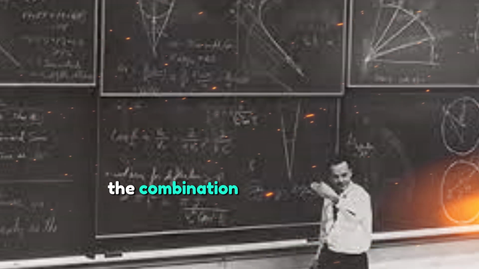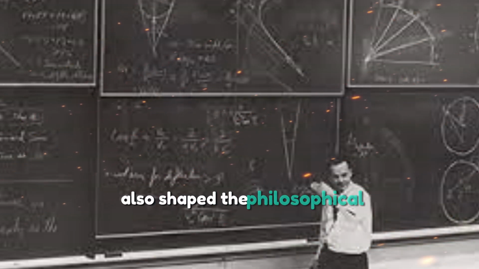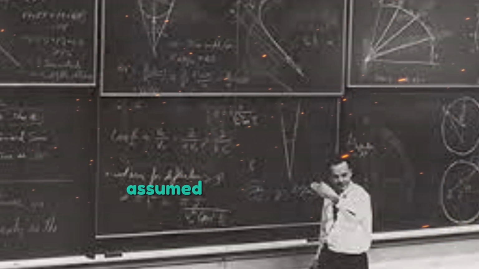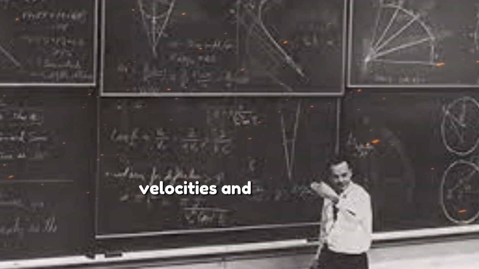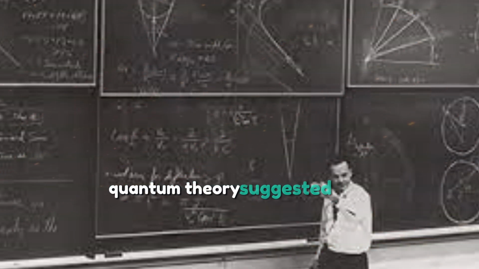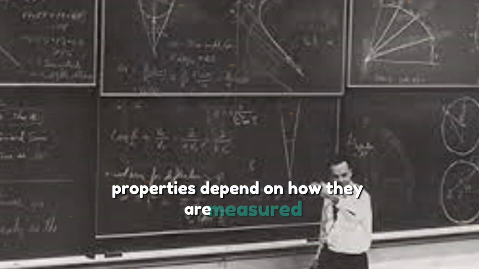The combination of classical and quantum physics also shaped the philosophical interpretation of science. Classical physics assumed that objects have definite positions, velocities, and behaviors independent of observation. Quantum theory suggested that at small scales, properties depend on how they are measured.